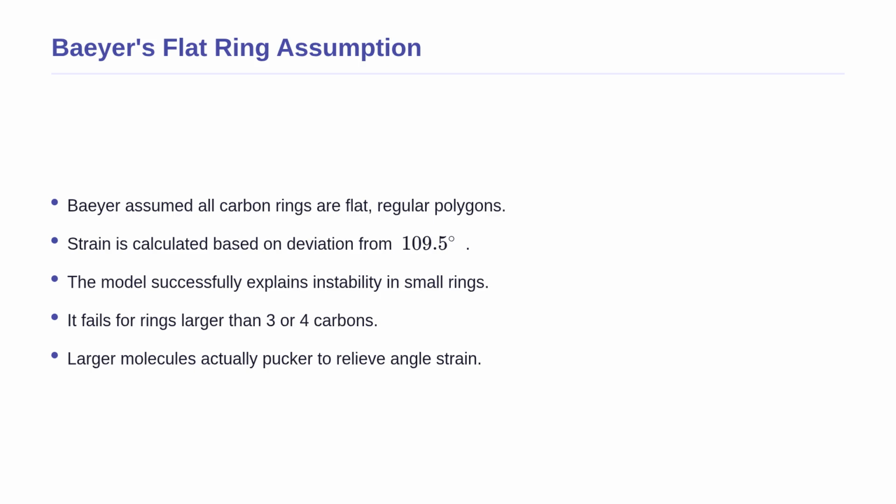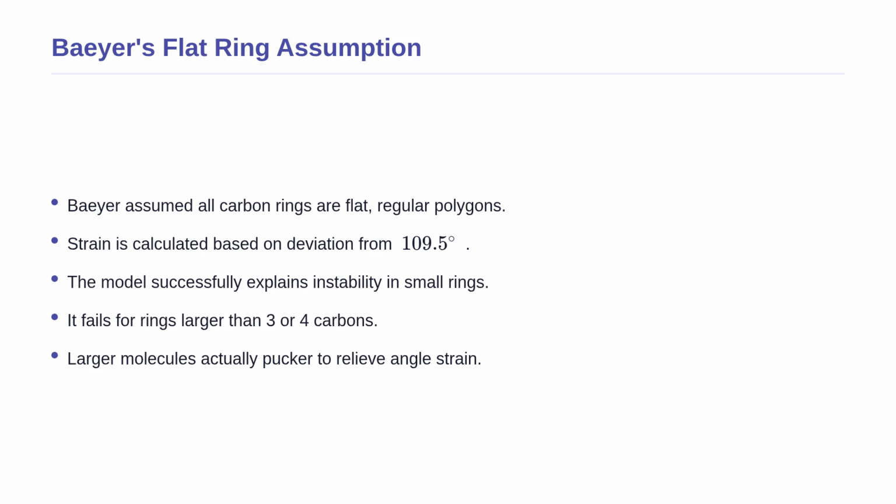Understanding this chemical stress leads us to the model proposed by Baeyer. To calculate angle strain, Baeyer initially assumed that all carbon rings were perfectly flat, regular polygons. He proposed that we could measure a molecule's instability by calculating how far its bond angles are forced away from the ideal 109.5 degrees.